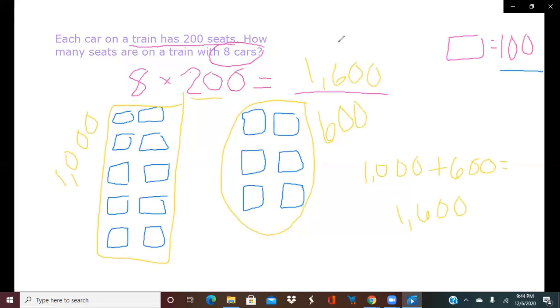Okay, another way I can think about this is if we have 8 train cars times 200 train seats on each train car, right? It's the same as saying 8 times 200. Because 8 times 200 is the same as 8 times 200s.